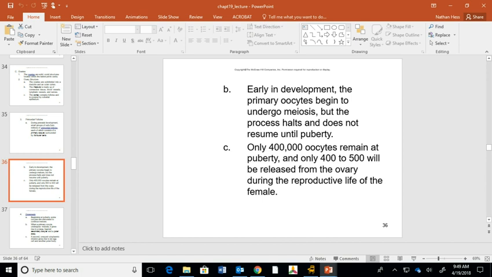So in that process of being developed, even in utero, as a fetus, these guys are starting to grow, right? And then it's halted. Like they don't reach maturity until you actually get to puberty, right? So again, you're beginning that process of here are the cells that are going to be your eggs, but they're not actually able to be produced.